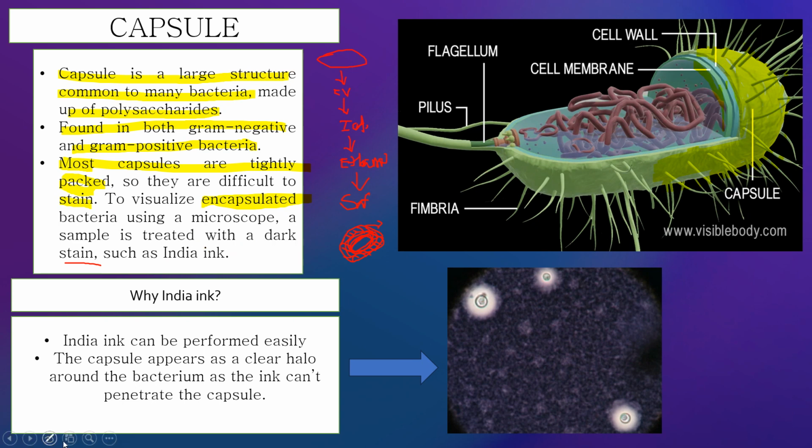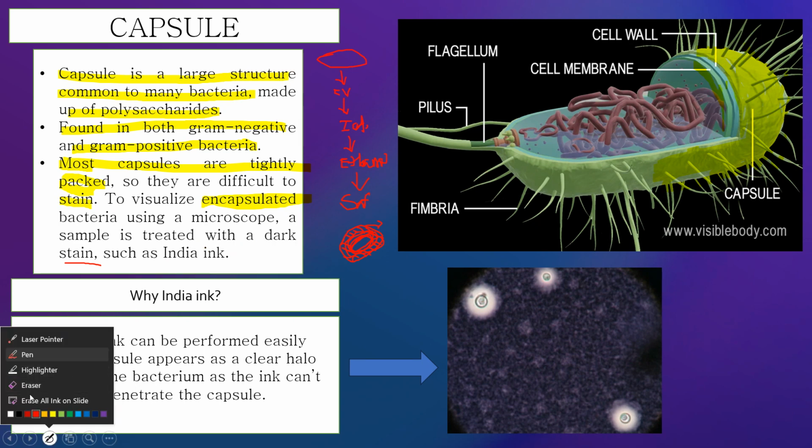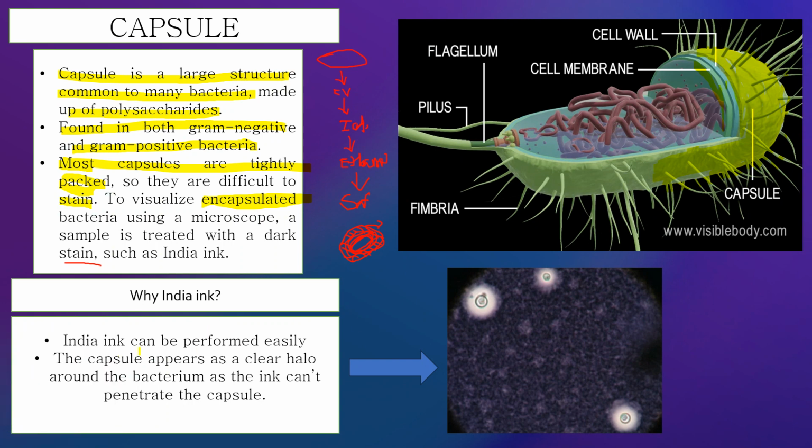Then see what India ink is. India ink can be performed easily. The capsule appears as a clear halo around the bacterium under a microscope. This is a dark field, right? Dark field microscopy, light field microscopy.